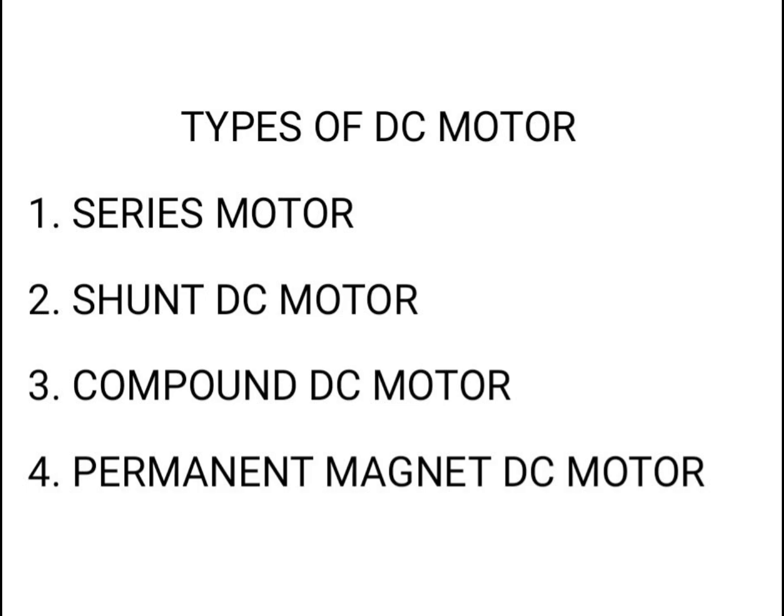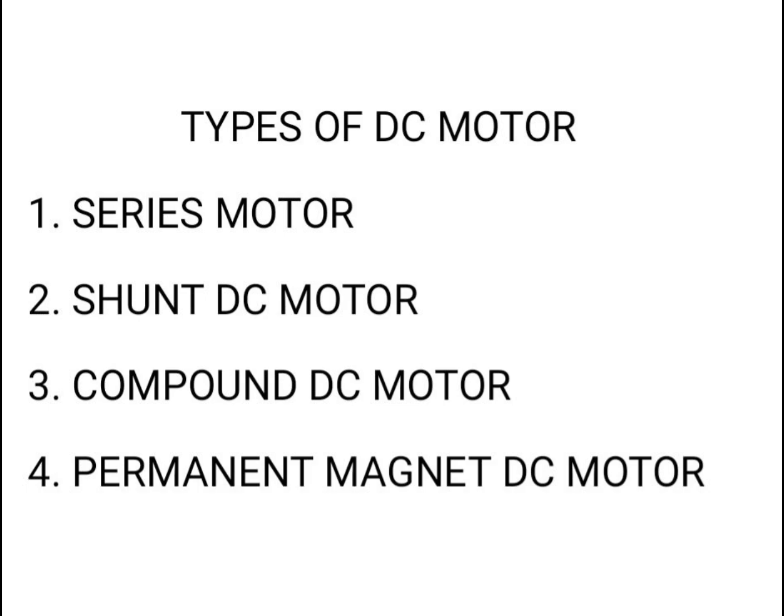This combines the characteristics of both series and shunt motors. It has good starting torque and better speed regulation. 4. Permanent magnet DC motor. Instead of field windings, this motor uses a permanent magnet to produce the magnetic field. It is commonly used in small devices such as toys, small fans, and portable tools.